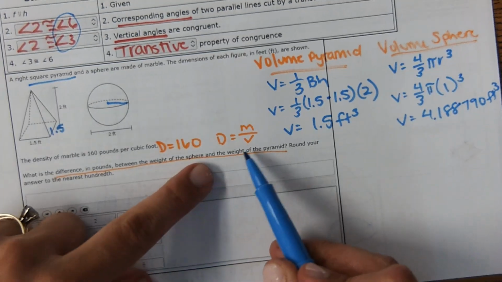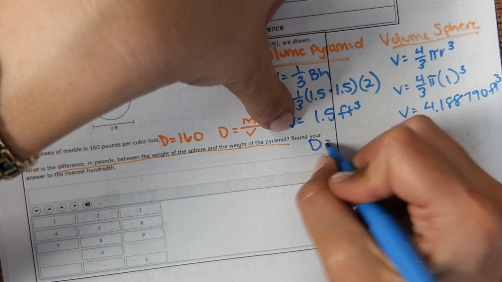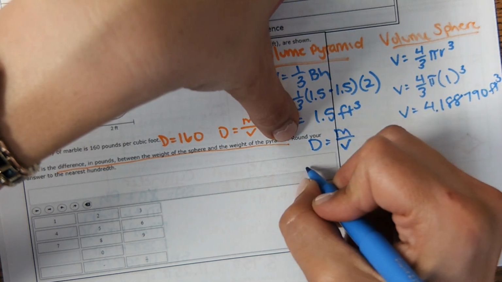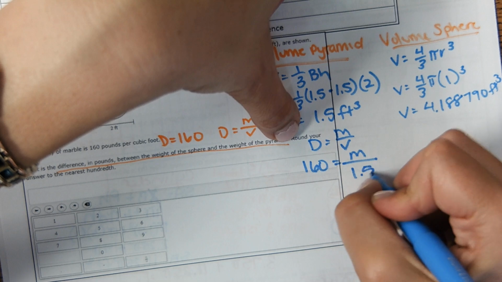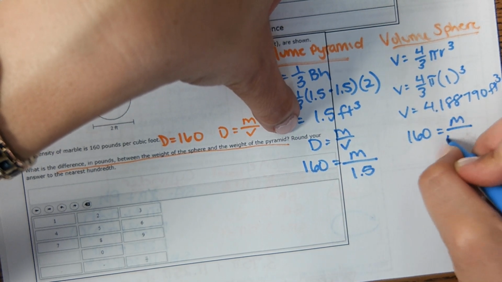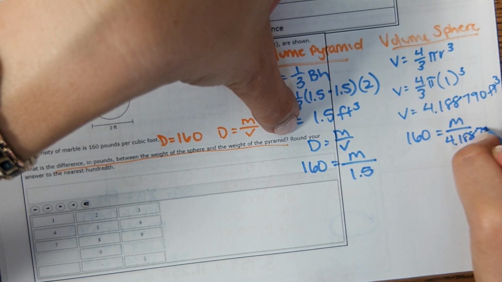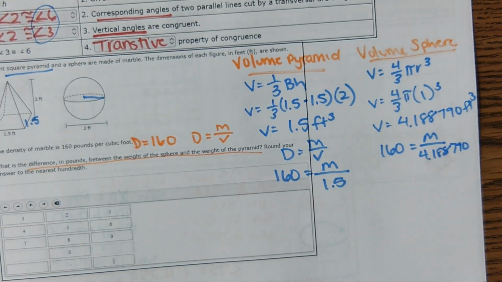Okay, so now we have the volume of each, we know the density of each, and we can use that to find mass. Density equals mass over volume. The density is 160, the mass we're trying to find, and the volume is 1.5. So same over here, 160 equals mass over 4.188790. Trying not to round at this point, just so my number's not off.